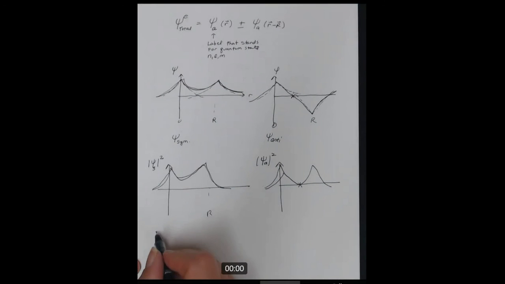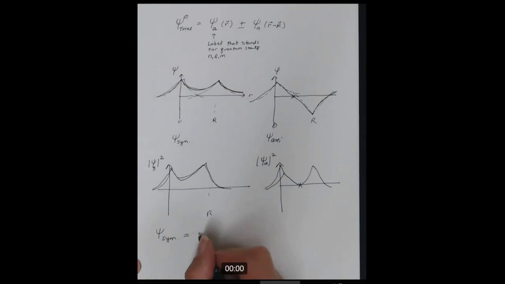We're going to call the symmetric total wave function the bonding wave function. Bonding. And the anti-symmetric is going to be the anti-bonding. Why?